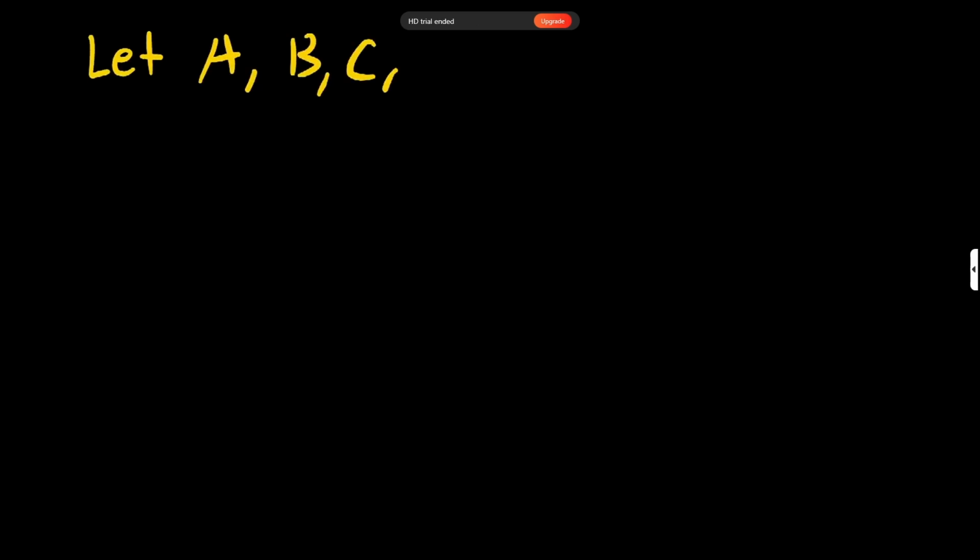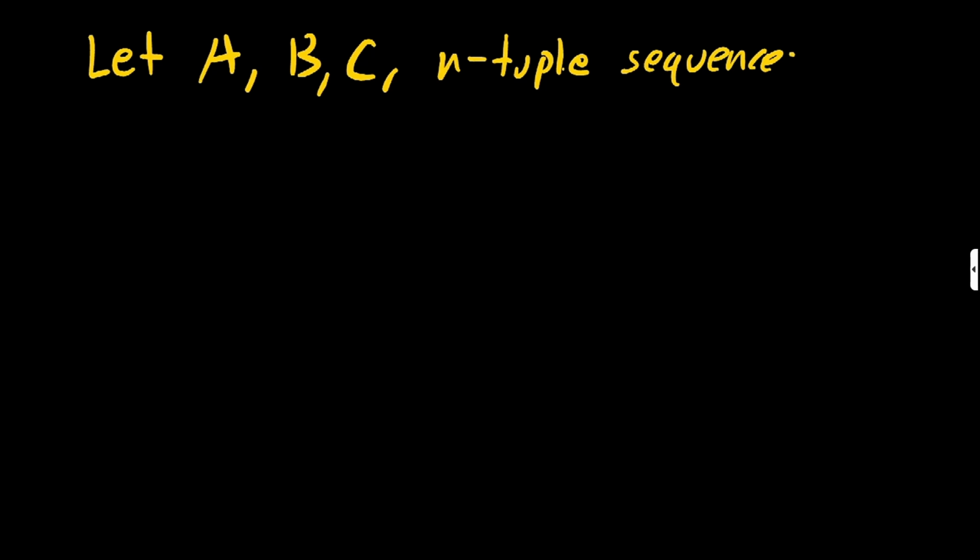So the definition I'm going to just start with and just hit you with right off the bat is that we're going to let A, B, and C all be n-tuples, and I'll explain what this all means in a second, sequences of n real numbers.